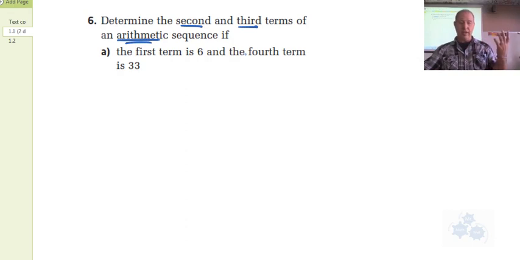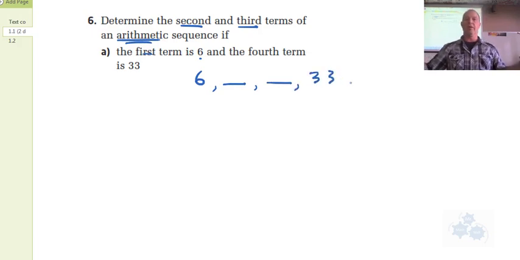For me, the first way, maybe the most obvious way, would be just writing out the list, like this. You've got 6 as your first term, right? The fourth term is 33, so the second term we don't know, the third term we don't know, the fourth term is 33. Does that look good? Now this is one of the ways, kind of like intuition or logical reasoning.